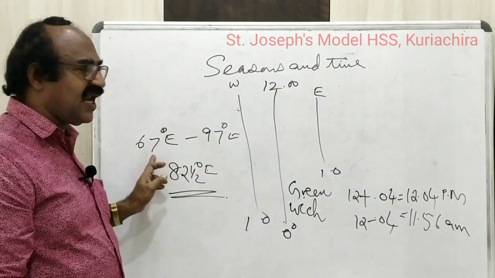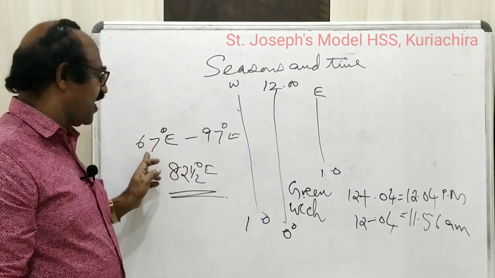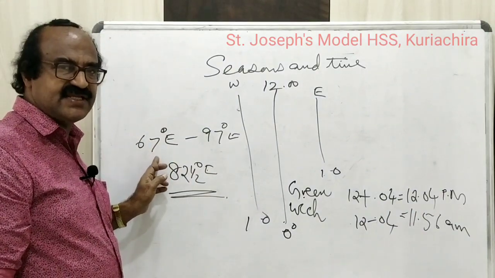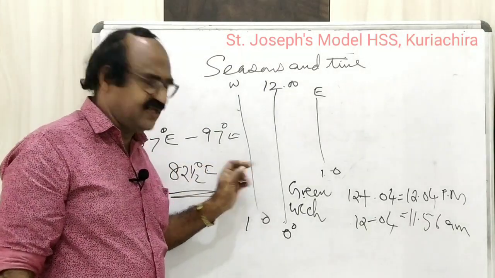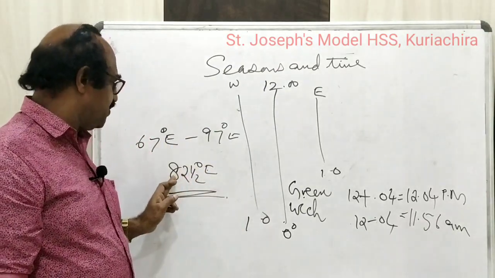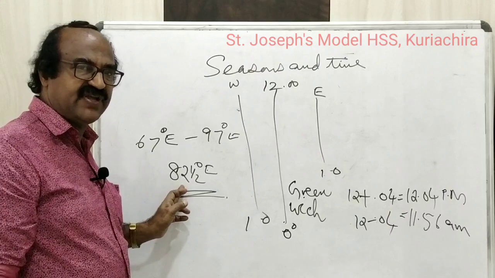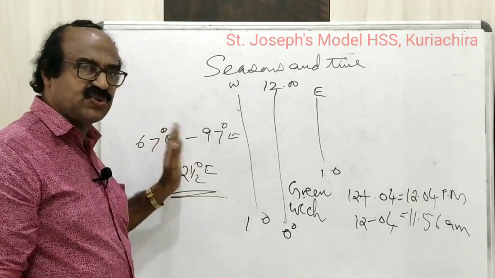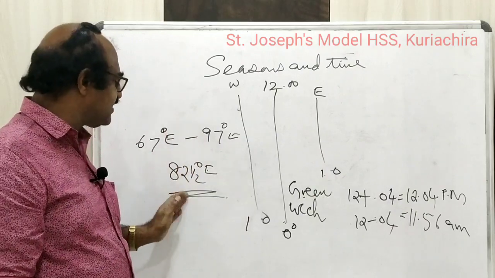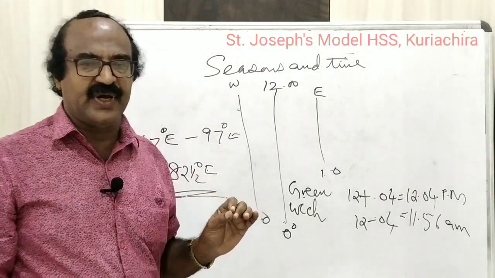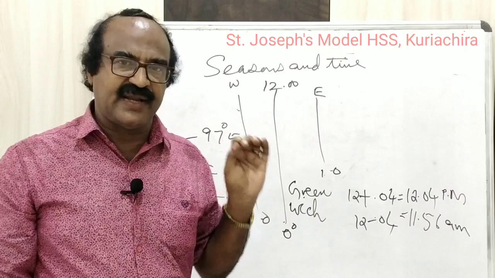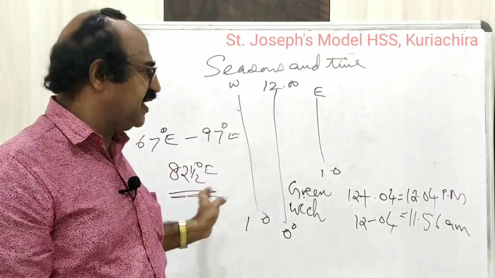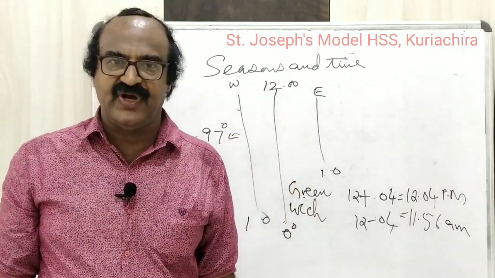The longitudinal extent of India is from 67 degree east to 97 degree east. The 82.5 degree east longitude, which passes in between these two longitudes, is considered as the standard meridian of India. The local time at the standard meridian is the standard time of India.